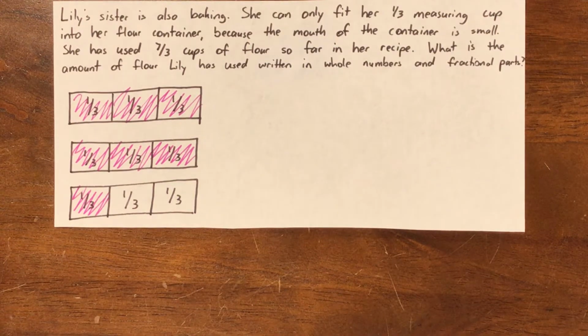Okay, so then how could we write 7/3 as a mixed number and why? Say it out loud.